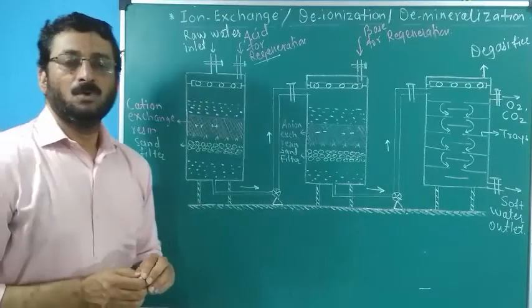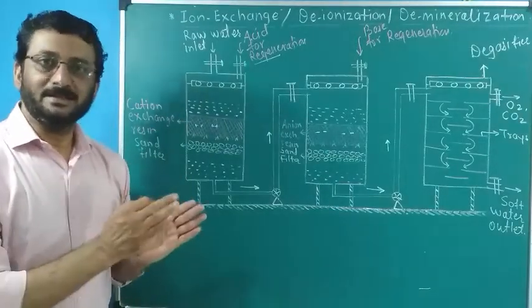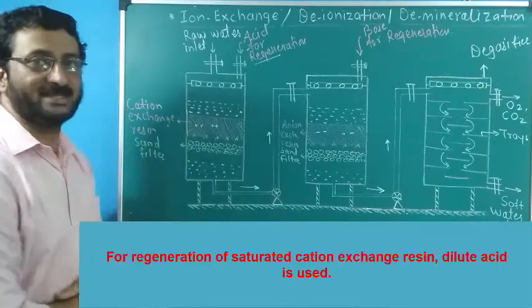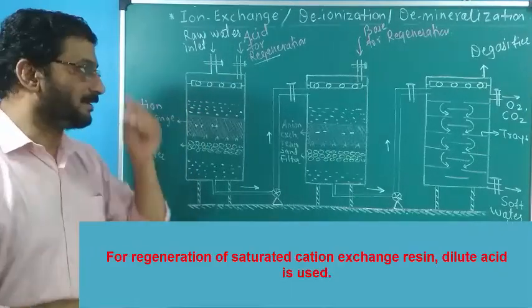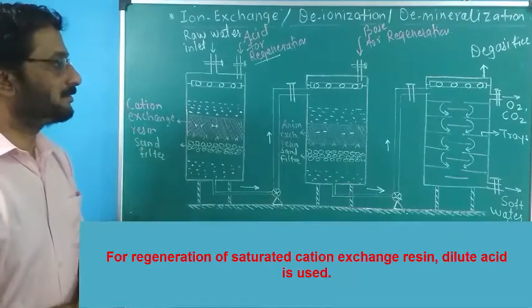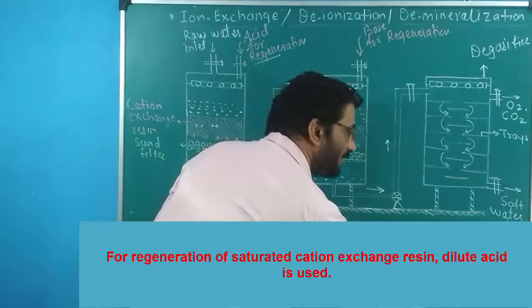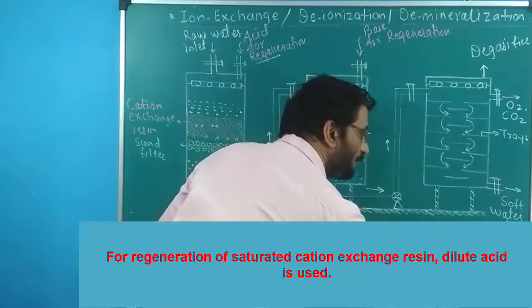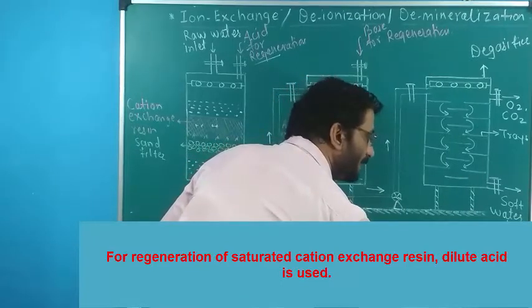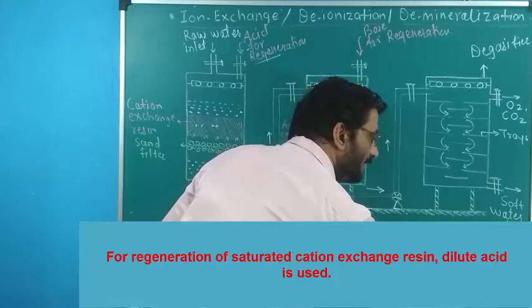Now, what are the advantages and disadvantages of the ion exchange process and ion exchange plant? Advantages: firstly, the water we get from the outlet has a hardness of 5 to 10 milligrams per liter or parts per million.